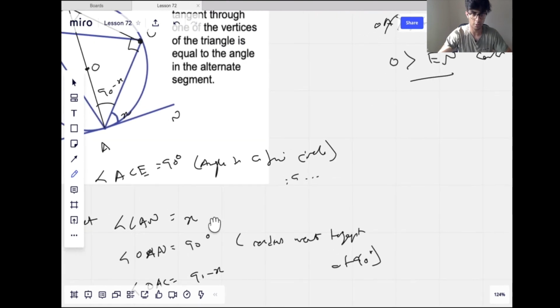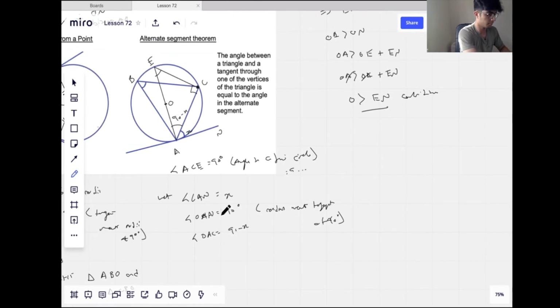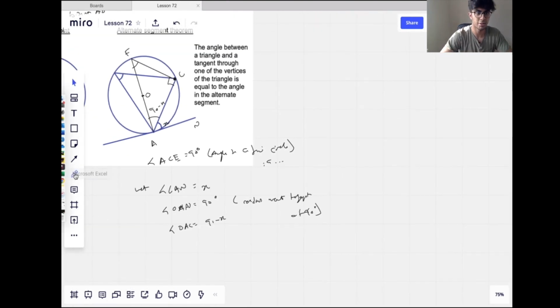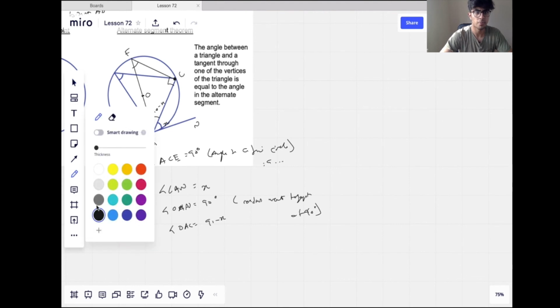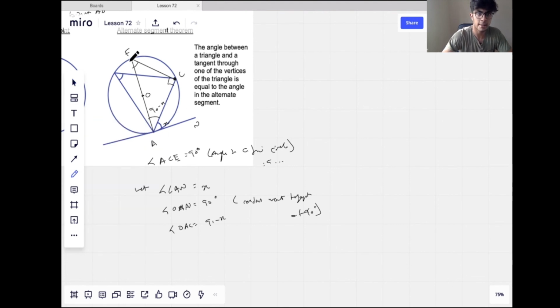Let me zoom out to make a bit more space. So angle AEC is equal to 180 minus (90 minus X) minus 90.